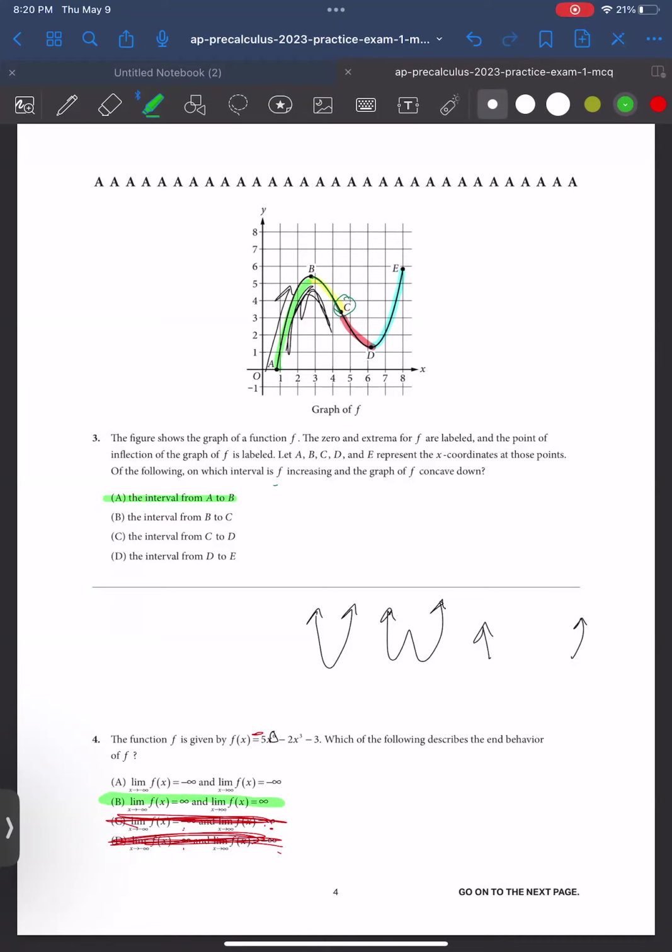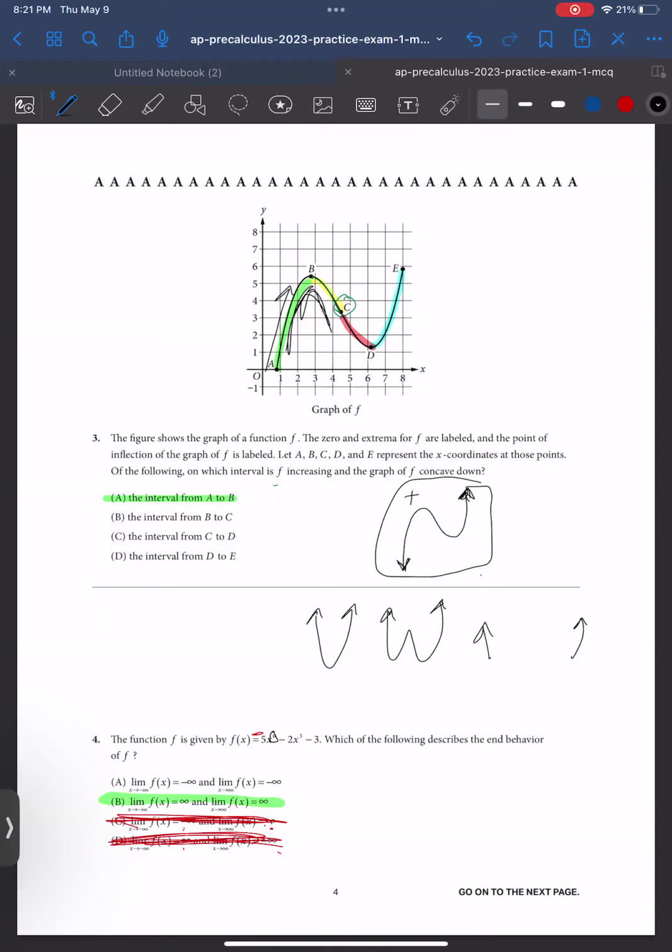Miss Riddle, let's say you have 5x to the power of 5, which would then be an odd degree. So obviously we'd be able to eliminate A and B, but from that point on, how would we determine whether it would be negative to positive or positive to negative? Right. So this one that I just drew here is when it's positive in the front.